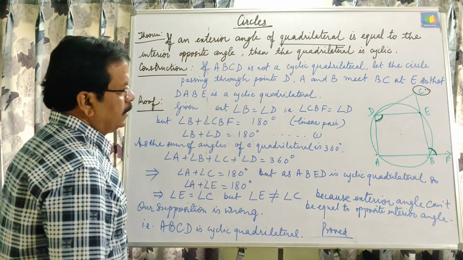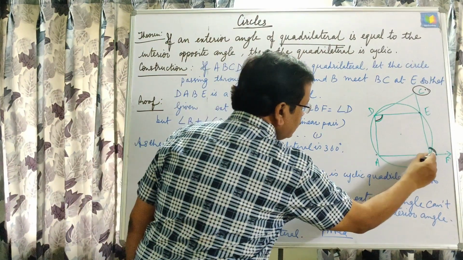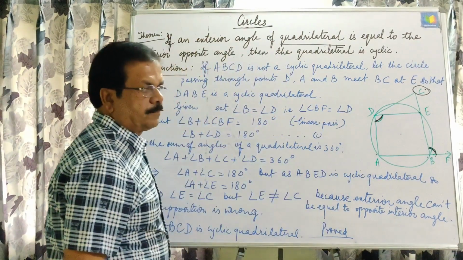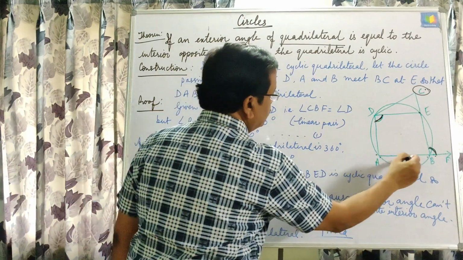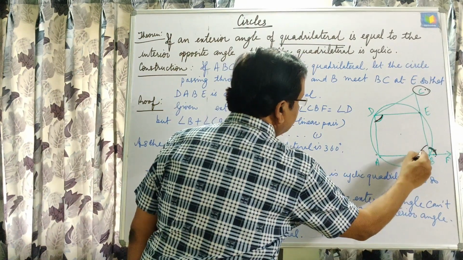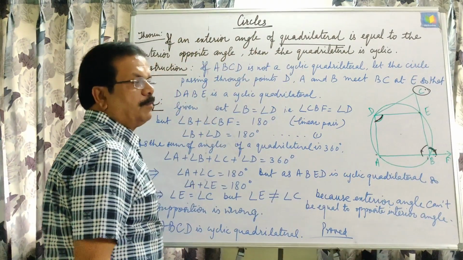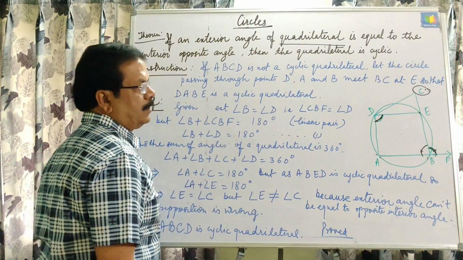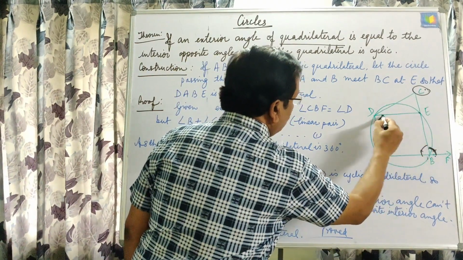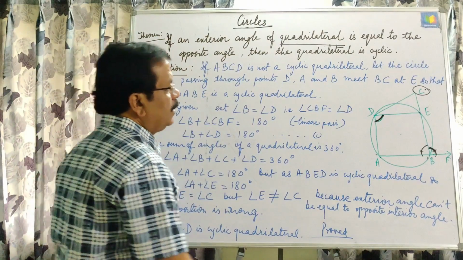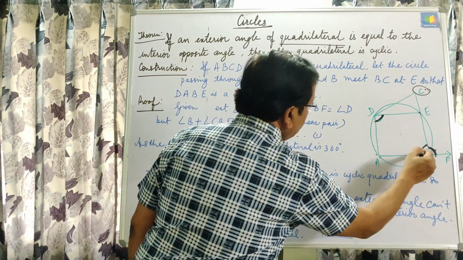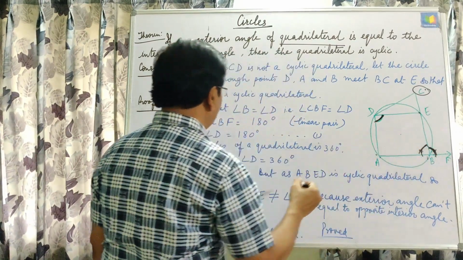Now for this we are given this angle is equal to this angle for quadrilateral ABCD, and this angle plus this angle is equal to 180 because of being a linear pair, and that is why this angle is equal to this angle, and this angle is equal to this.